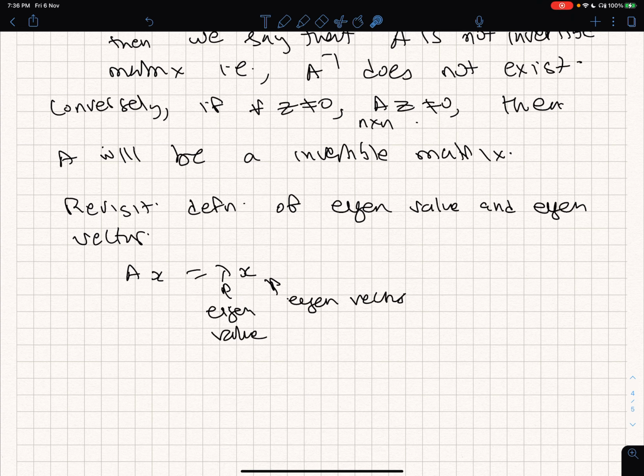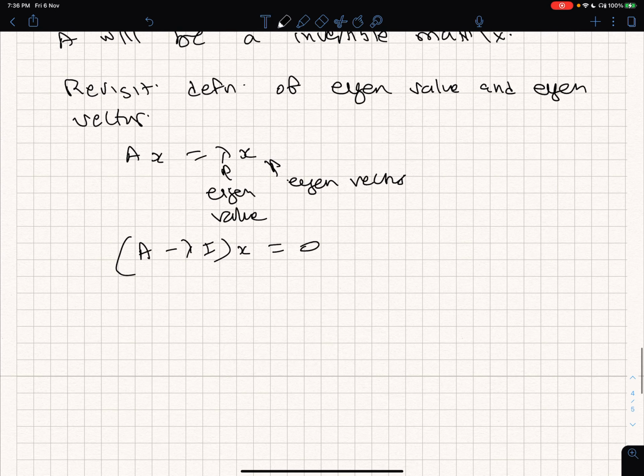Now this means that (A minus lambda I) times x is going to be a zero vector.